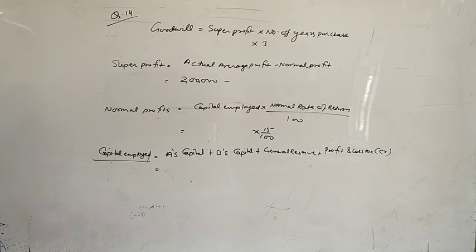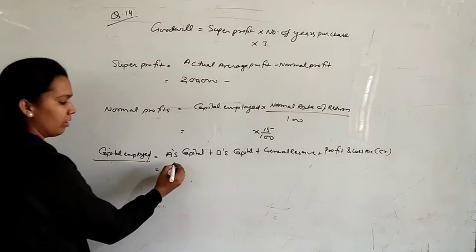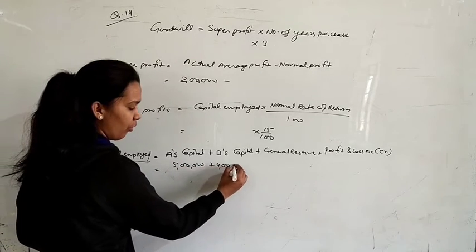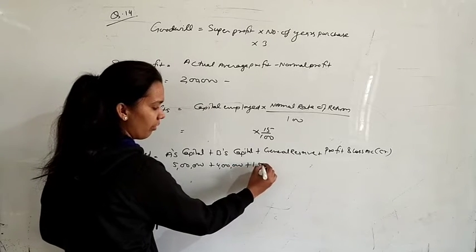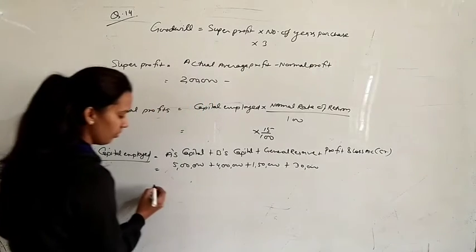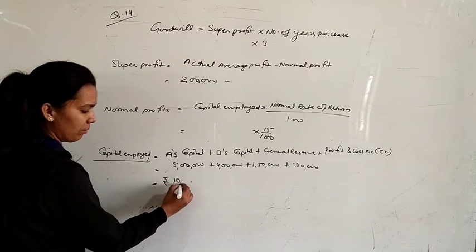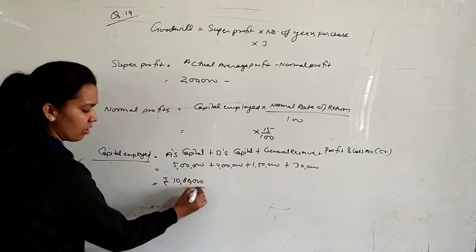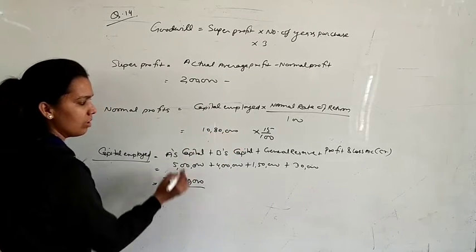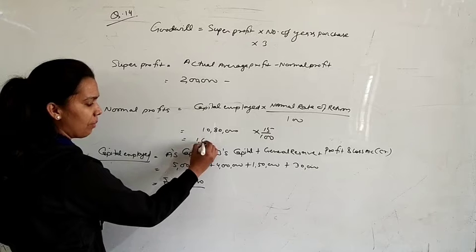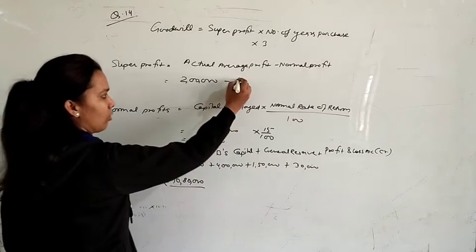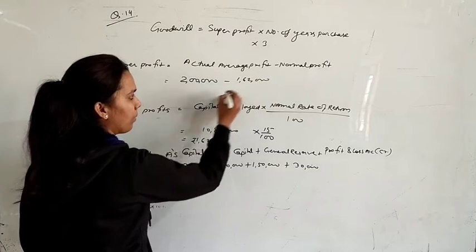What are the amounts of 5 lakh, 4 lakh, 150 and 30? 5 lakh rupees, 4 lakh, 150 and 30,000. Means we can say your capital employed is rupees 10 lakh 80,000. This capital employed will be forwarded here, 10 lakh 80,000. Then we will get normal profit 1 lakh 62,000. 1 lakh 62,000 you can put here normal profit.